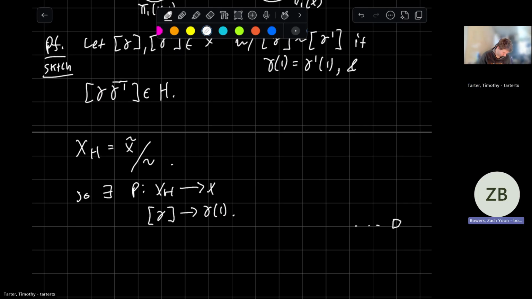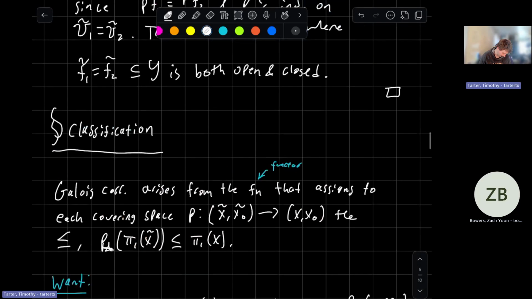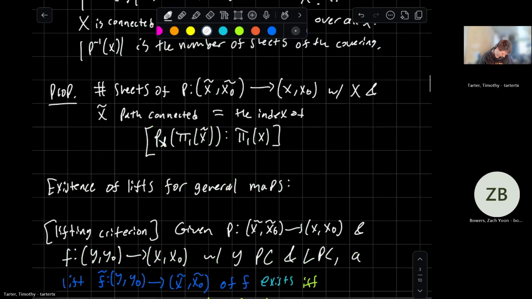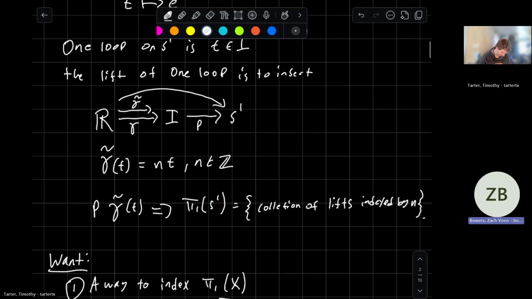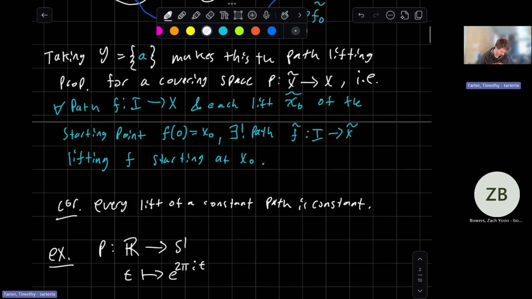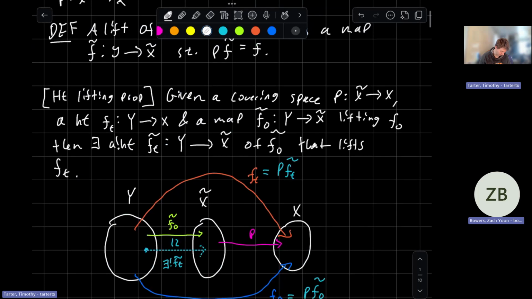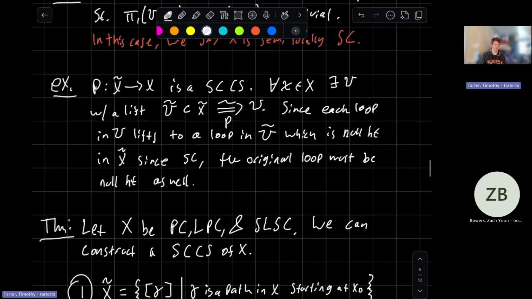Did they just follow through from the quotient space? Yeah, we kind of just want the existence of a lift. We're given this other covering space, and so we're taking lifts and then we're taking quotients of collections of lifts.